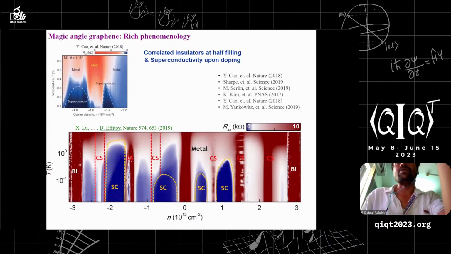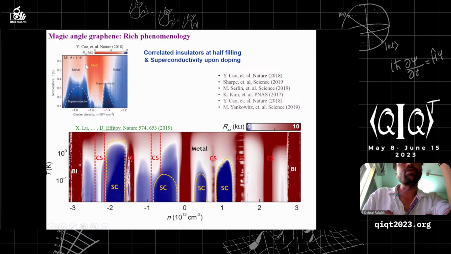So what happens actually? First, let's talk about the paper that came from the MIT group. Jarillo-Herrero led it, and this is the 2018 Nature paper. The first paper was like that.